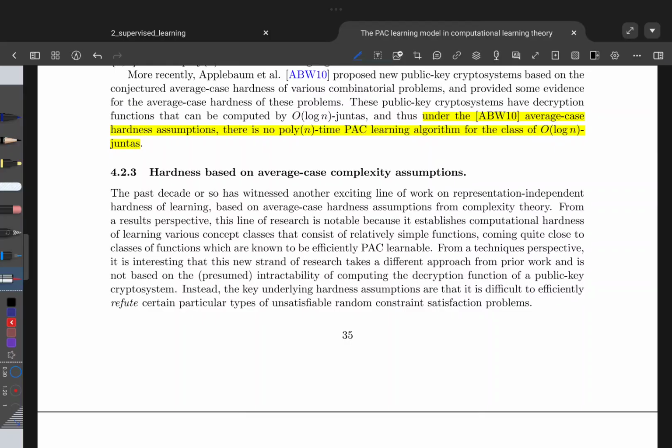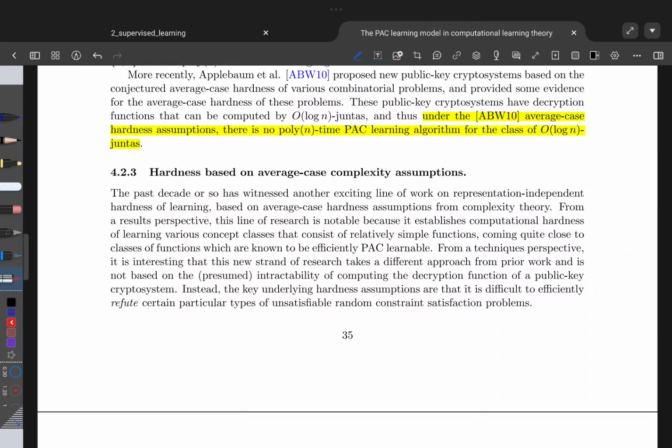Many of these results that originated from the learning theory and complexity theory literature have also in recent times been used to design crypto systems that are even hard for quantum computers to break.